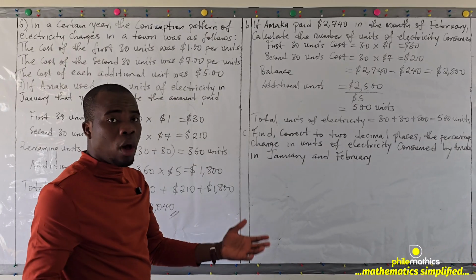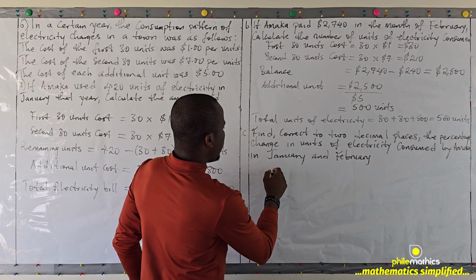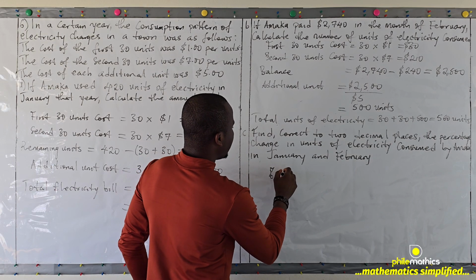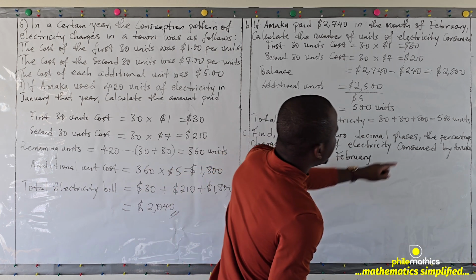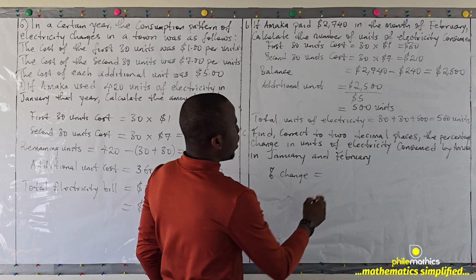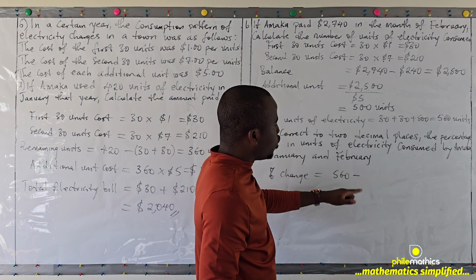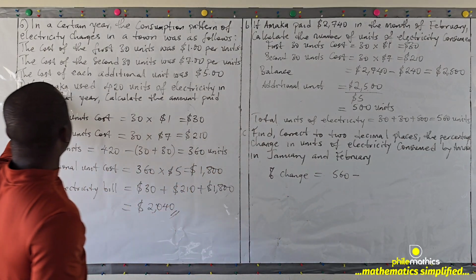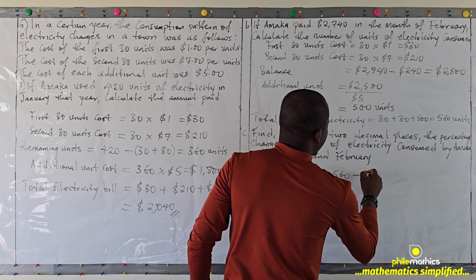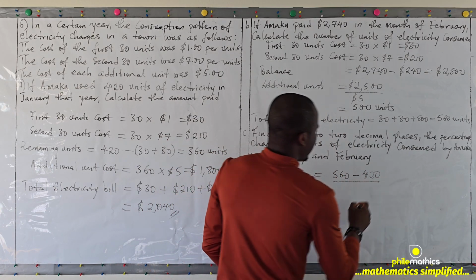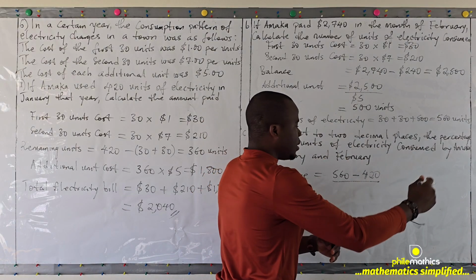So for us to do that, we know how to calculate percentage increase. So the percentage change will simply be this unit in February, 560, minus the total units she used in January, we were told in A is 420 units, over, it will have to be over the January unit because you're taking percentage increase.